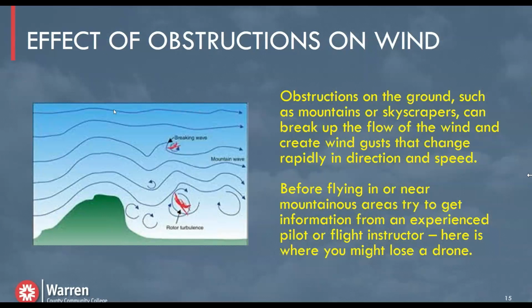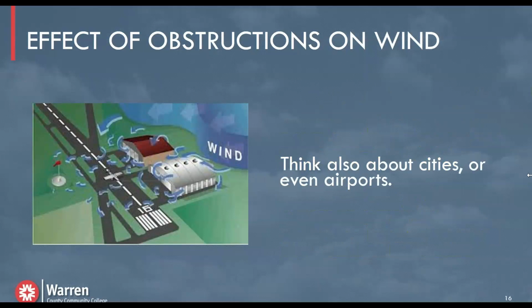So if you're way up high here, away from the mountain, you're probably fine. But the closer you get to skyscrapers, structures, mountains, you're going to be impacted by the wind and by wind shear. So you want to keep that in mind as you go out there. You can even think about airports this way. There's a lot of buildings around runways and airports, and they can impact takeoff and landing.